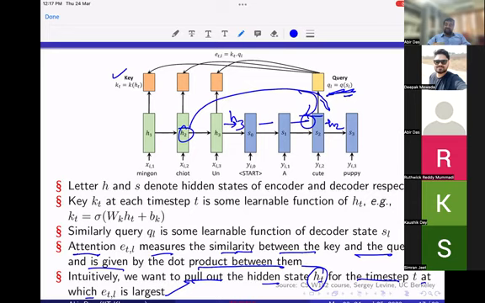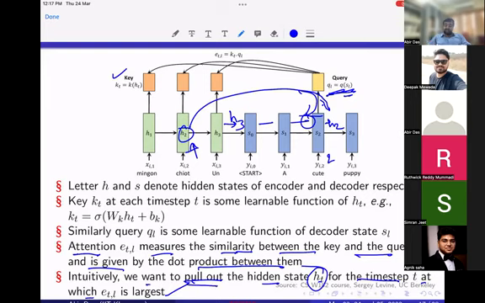This is the idea: you measure the similarity, and the corresponding hidden state at that time will be your most relevant. It can give you some additional information to decode at this second time step during decoding. That is what I mean when I say that intuitively we want to pull out the hidden state HT for the time step T at which ETL is largest.